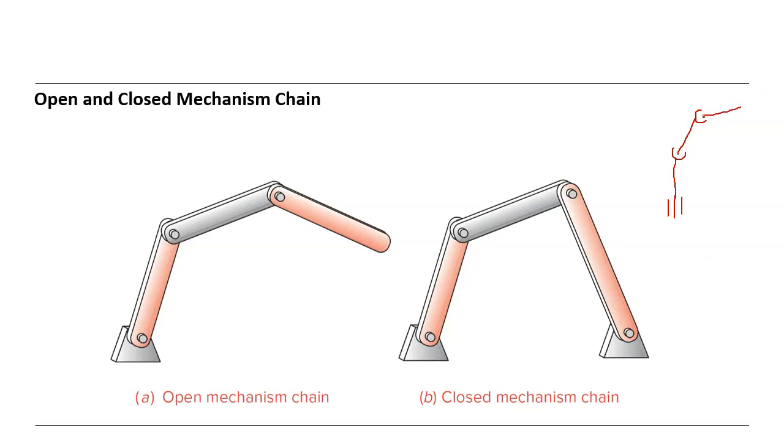So it is an open kinematic chain, because this part can rotate like this, and this also can rotate like this, and this also can rotate like this. Open chain.